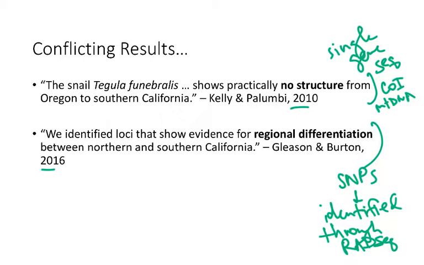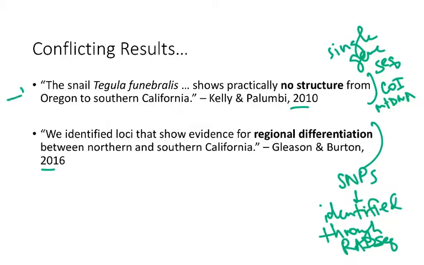Another point I want to make is that in general, if you have the money to do a high-throughput sequencing study, it's generally preferable. And the reason for that is that high-throughput sequencing gives you lots more data, which means you're more likely to get an accurate representation of what's actually happening in those individuals or in those populations.